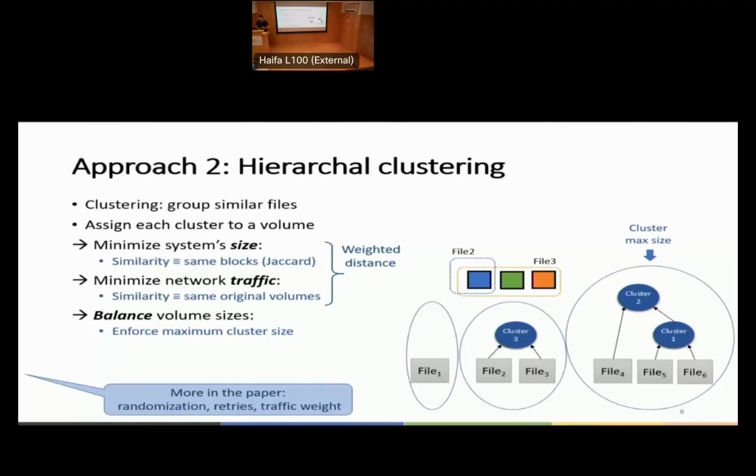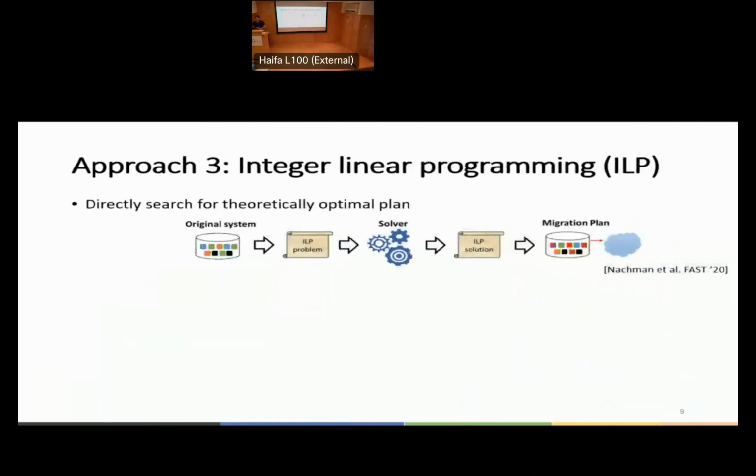Our third and last approach is the integer linear programming approach, which is the ILP. The first thing that comes to mind is that this is a theoretical optimal solution. We want to achieve a theoretical optimal solution.